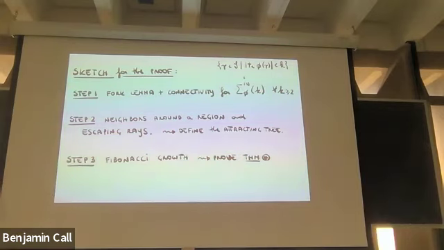And this exponential growth is exactly what will allow us to define the attracting tree. And finally, we will have to compare the growth of this trace with the word length associated. So this will be step 3, this Fibonacci function.